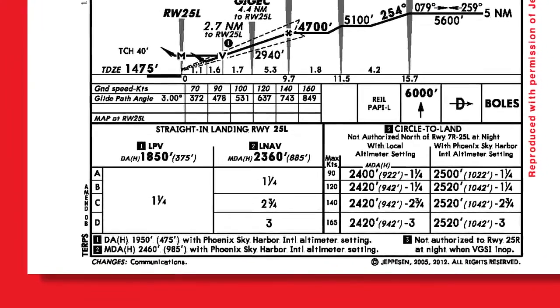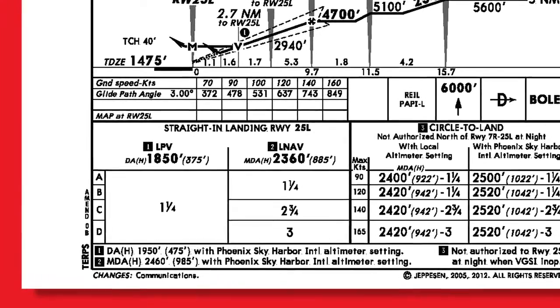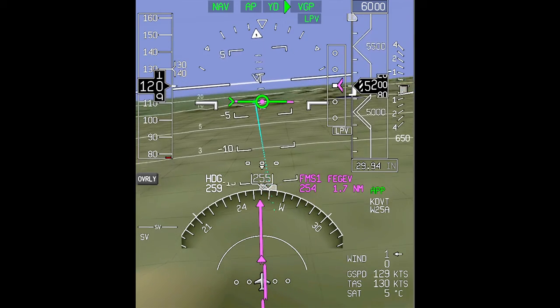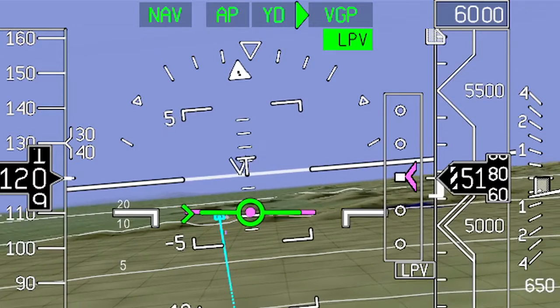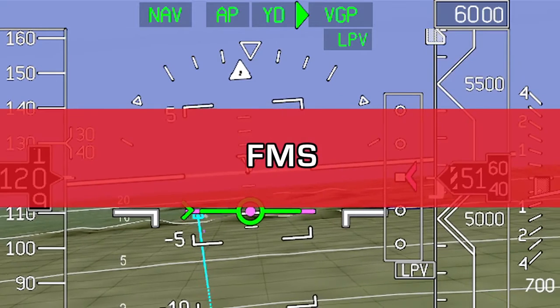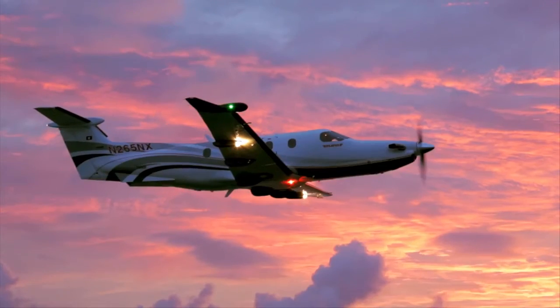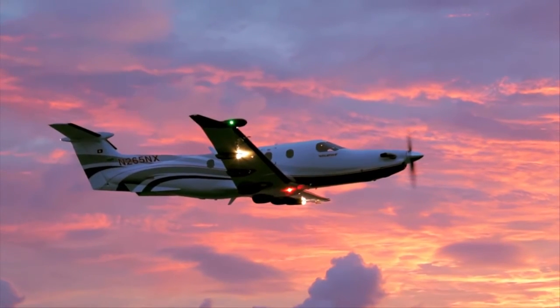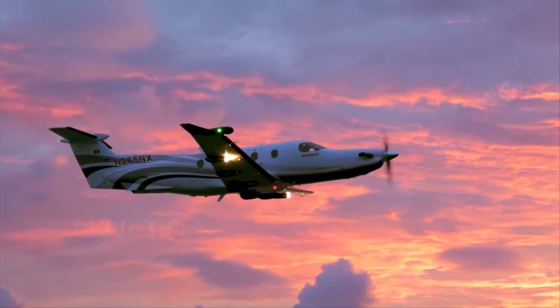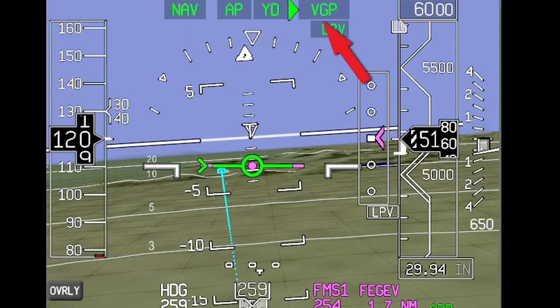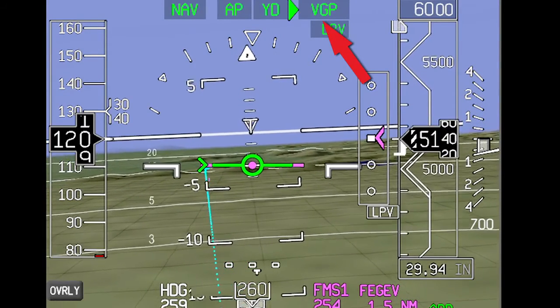The VGP mode is also used to fly RNAV approaches with LPV minimums. However, when LPV is active, the VGP mode behaves a little differently. When LPV is active, the FMS no longer provides lateral and vertical guidance for the approach. Instead, the lateral and vertical guidance are provided directly by the SBAS-capable GPS. The active vertical mode, however, remains enunciated as VGP.